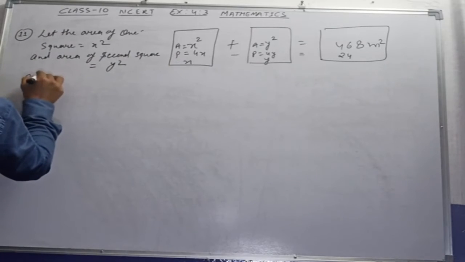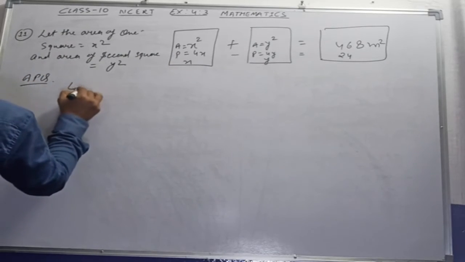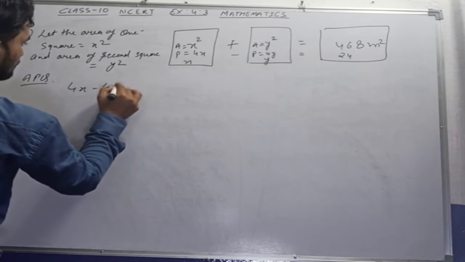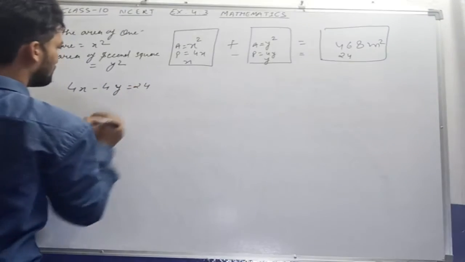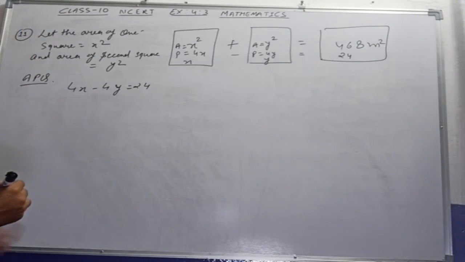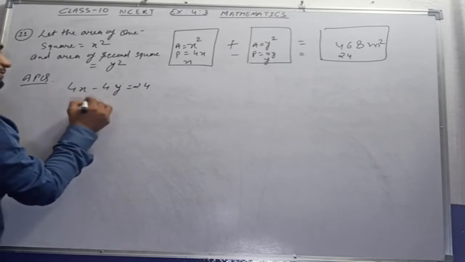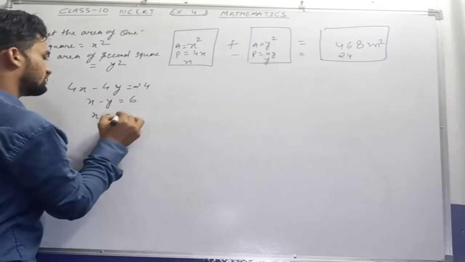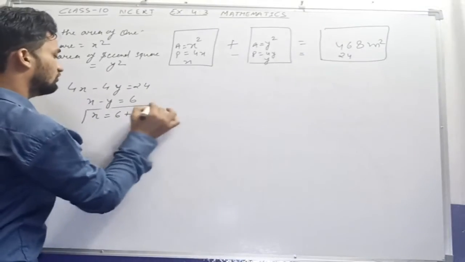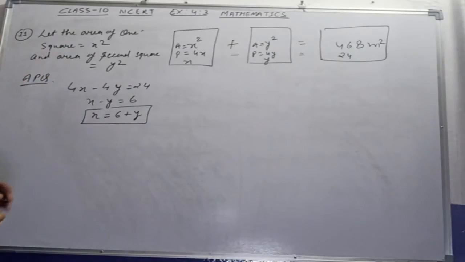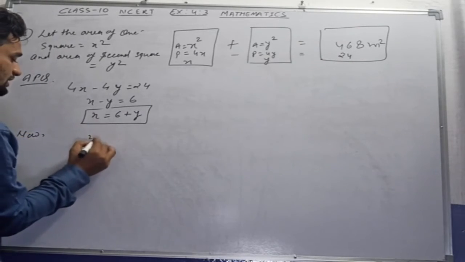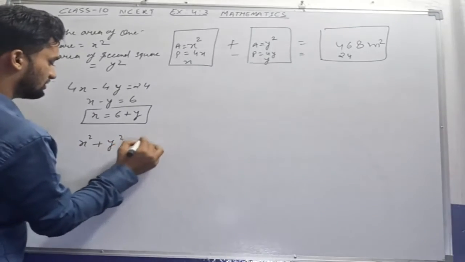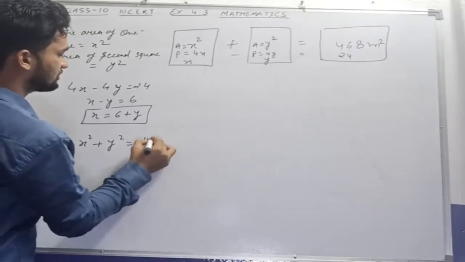So according to the question, the difference of their perimeters, 4x minus 4y, is equal to 24. Taking 4 common, x minus y will be 6. So x equals 6 plus y. We got the value of x is equal to 6 plus y. Now, the sum of the areas, x square plus y square, is equal to 468.